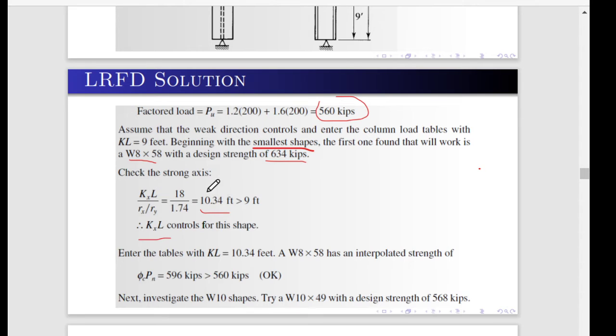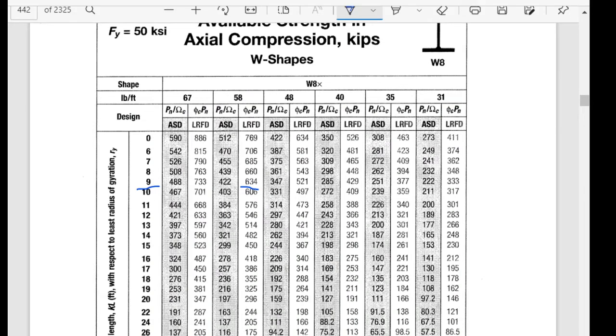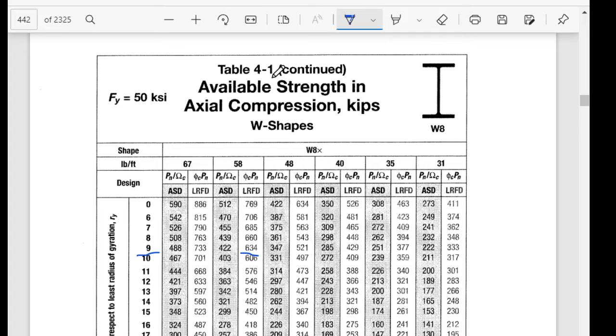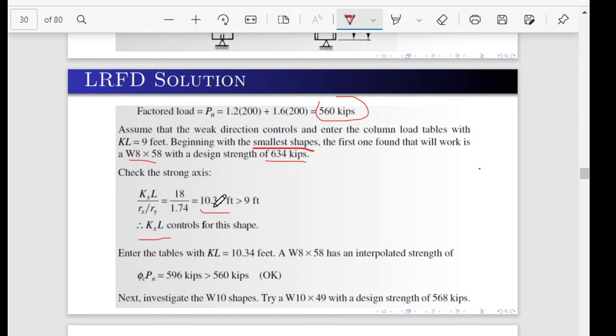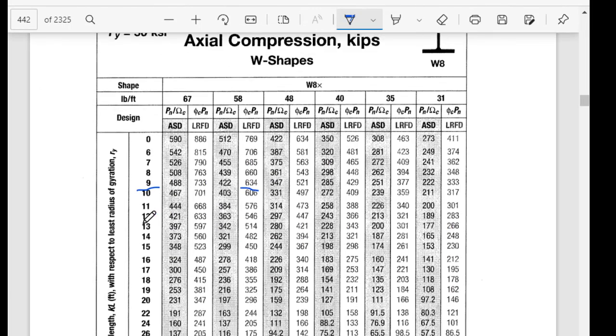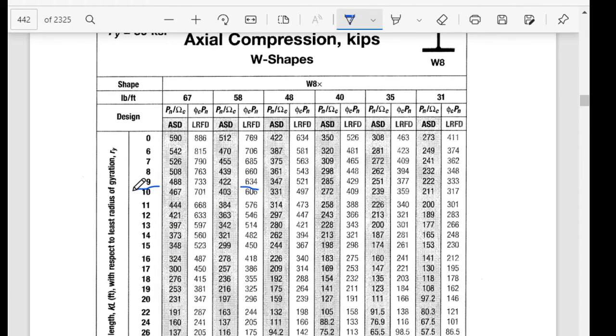Based on this value, KxL of 10.34 feet, for W8 by 58 we look again at the Table 4-1. Remember, KxL is equal to 10.34. As you can see here, these are the values of the KL.